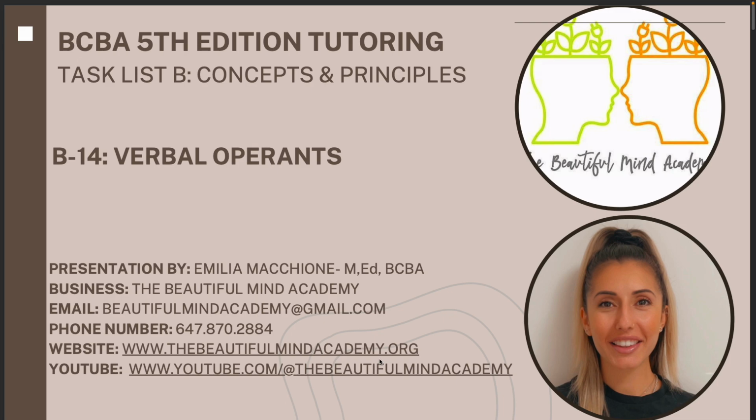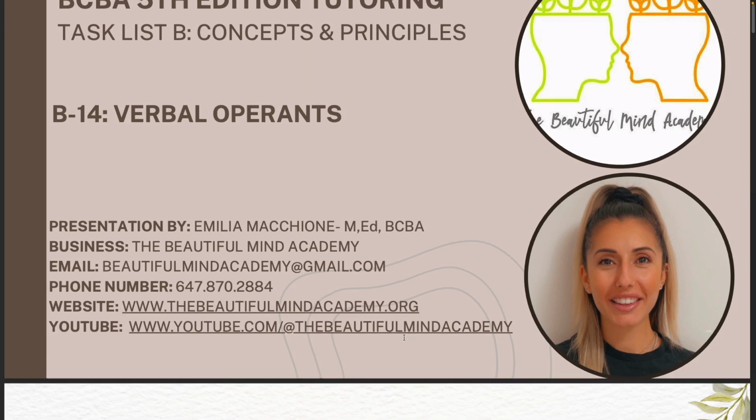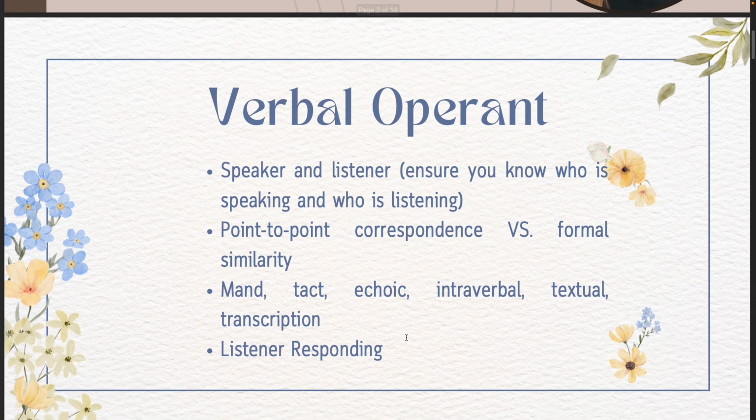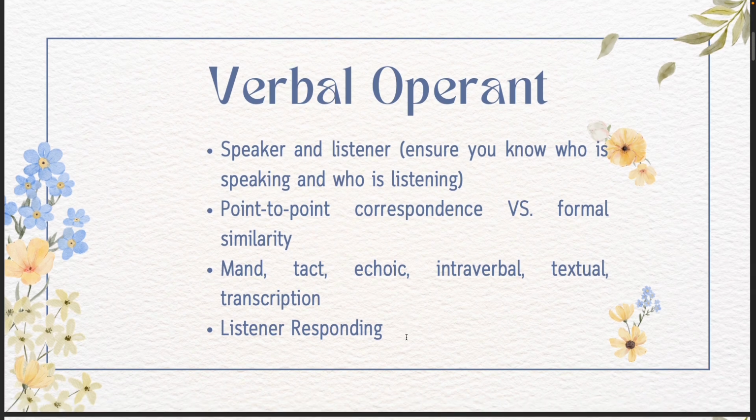So in today's video, we're going to be talking about B-14, where it looks at verbal operants, and this is a really fun task list item. So I hope that you have as much fun as I do today. So let's talk about a verbal operant. A verbal operant is a speaker and listener. So you need to know who is speaking and who is listening.